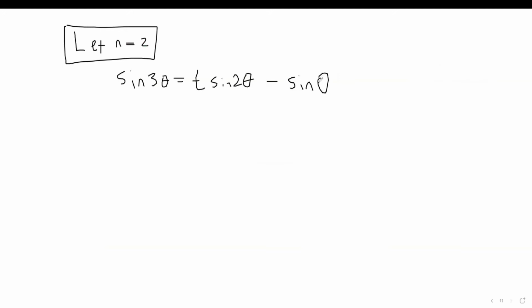Now we're done, Marika, we're really done. Because guess why? Sine 2 theta is 2 sine theta cos theta. So this will work out to be t times 2 sine theta cos theta, and then minus sine theta.